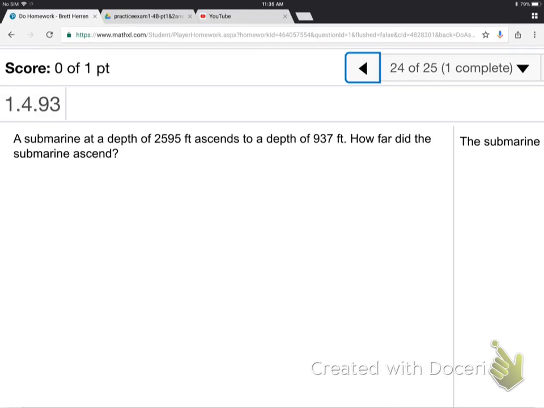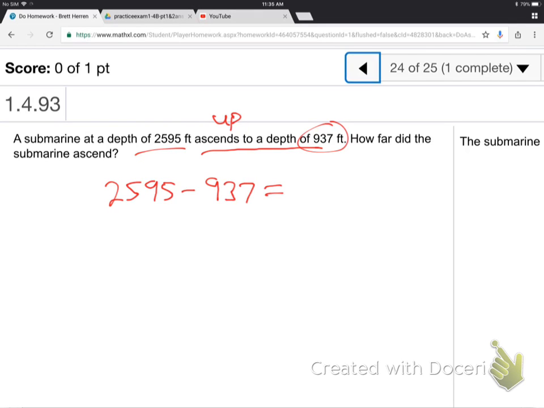All right, so the submarine at a depth of 2595 feet ascends, means goes up, right? To a depth of 937. How far did the submarine ascend? Oh, well, that's just subtraction, right? There's nothing more going on there. 2595 minus 937.